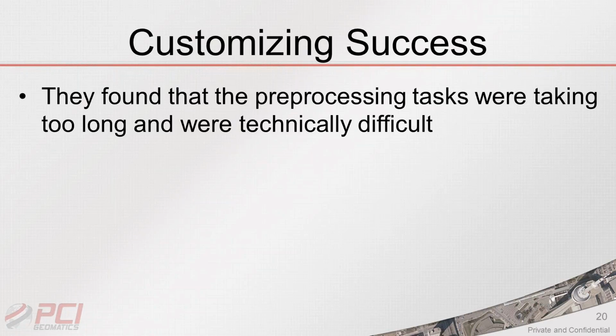They found that the pre-processing of the data, just the orthorectification and the calculation of some important derivative layers such as certain vegetation indices like NDVI, or even more advanced ones like the MCARI chlorophyll measure or the MTVI leaf area index, important, useful information that can be put into the classification, or used for measuring health, or for change detection, was taking a long time to produce, and it was technically challenging to do.